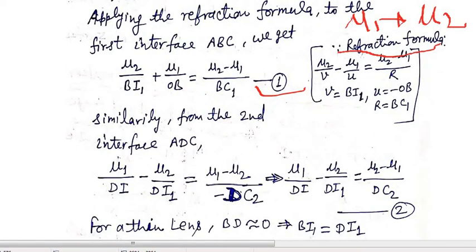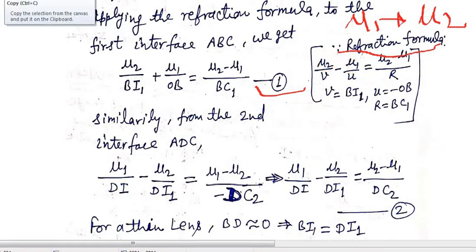Similarly, if we apply the refraction formula for the second surface ADC, in this case refraction occurs from mu2 to mu1. So using the refraction formula, in place of mu1 it will be mu2 and in place of mu2 it will be mu1. And here we have to consider the object distance.